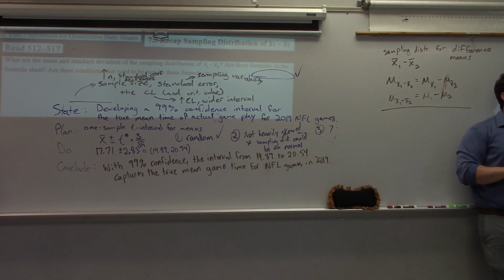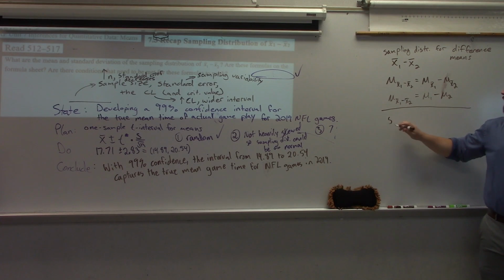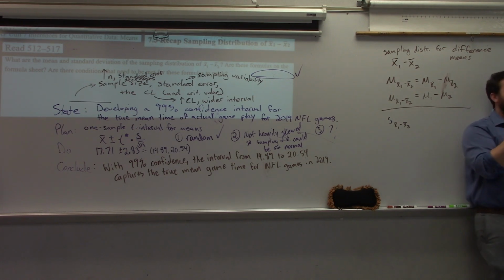So then, standard deviation. Sigma or S? Should I use sigma or S more than likely? More than likely, we're going to have to use S. Now remember, can I add and subtract standard deviations? No. Think variability. You should factor variance. Remember, it follows the Pythagorean theorem.